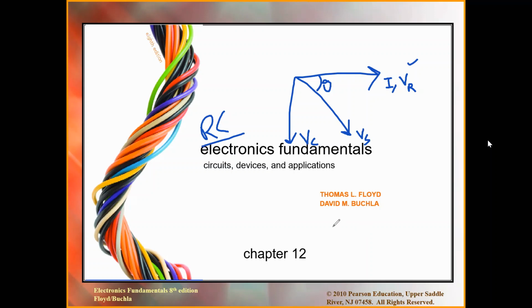Now girls, if I talk about the RL circuit, this is again the resistance, current, and VR will also be in the same direction. Girls, can you tell me about the inductive voltage? Is it going to lead the current or lag the current?